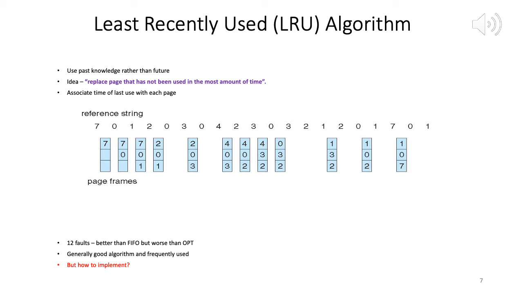A page that is being heavily used will have been used fairly recently, and also has a likelihood of being used very soon in the future. Okay, so that is the idea. So associate a time of last use for each page. Okay, so we'll also see some ways in which we can implement this.